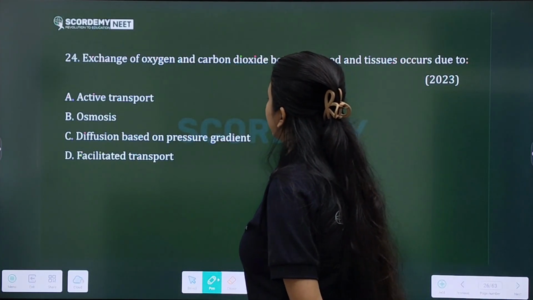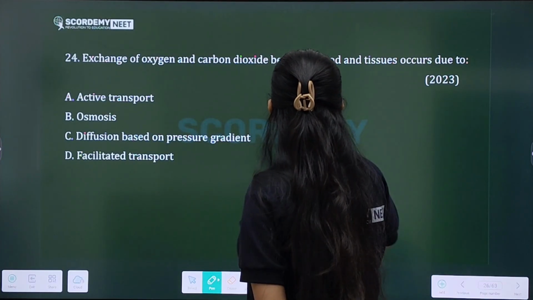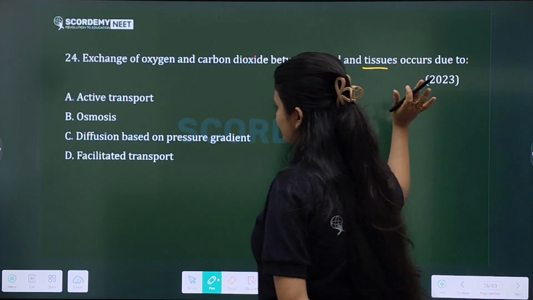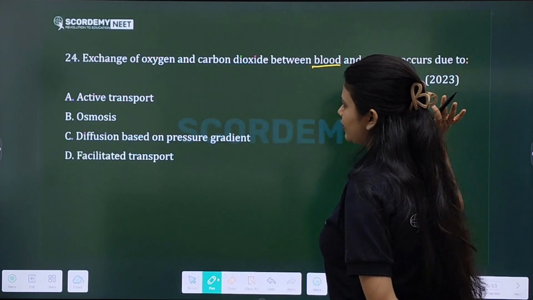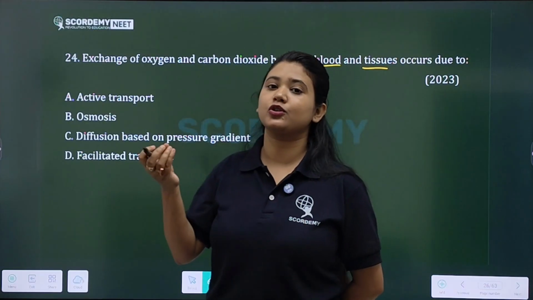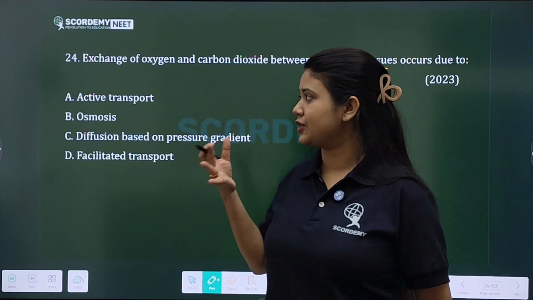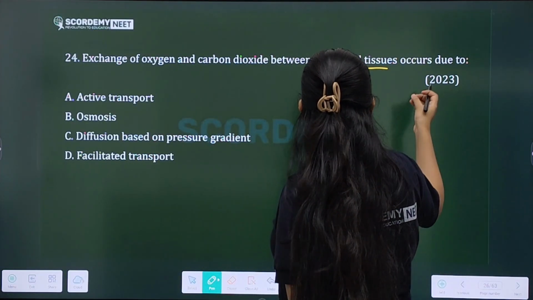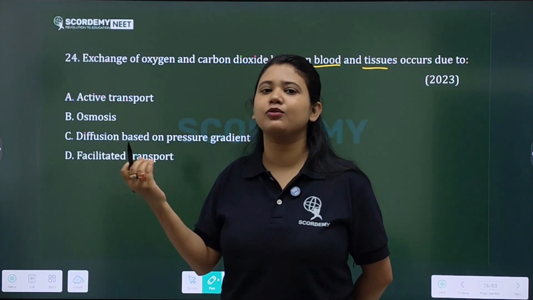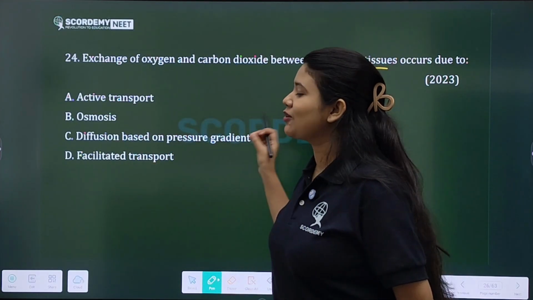Exchange of oxygen and carbon dioxide between your blood and tissues occurs due to. They are asking you about the process.